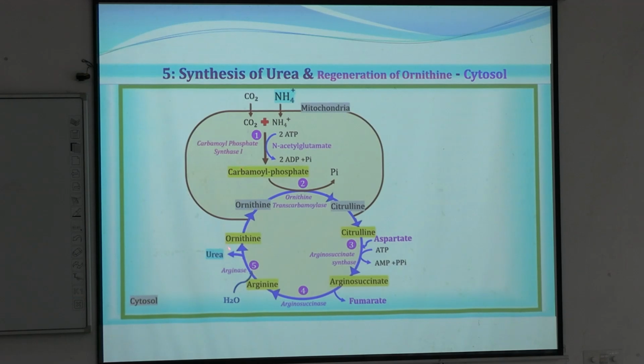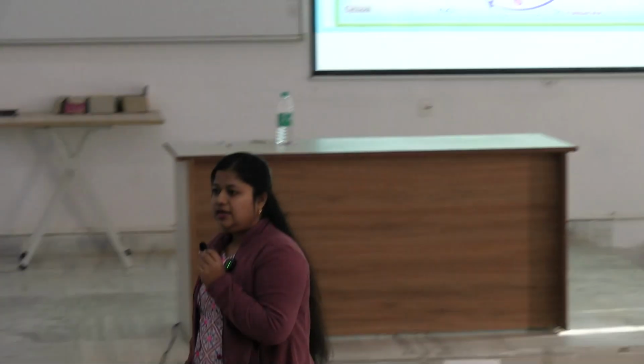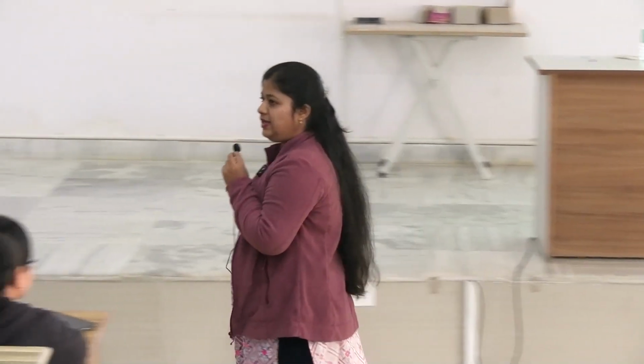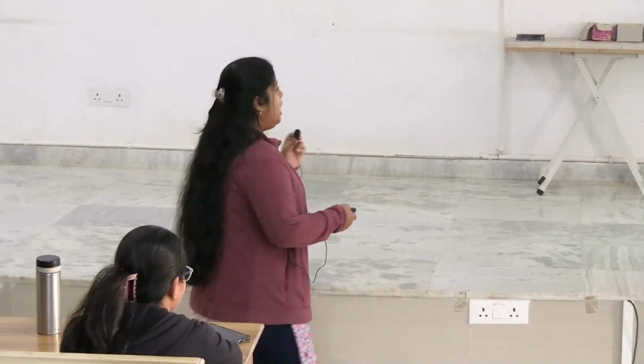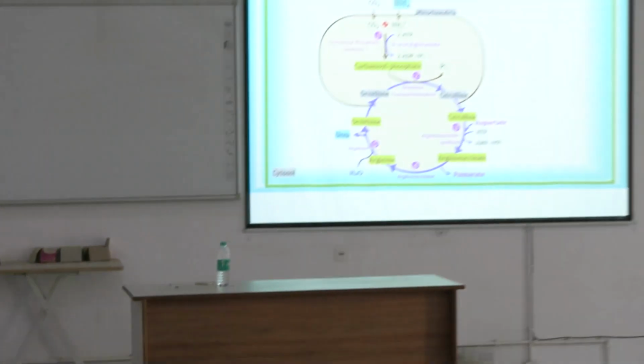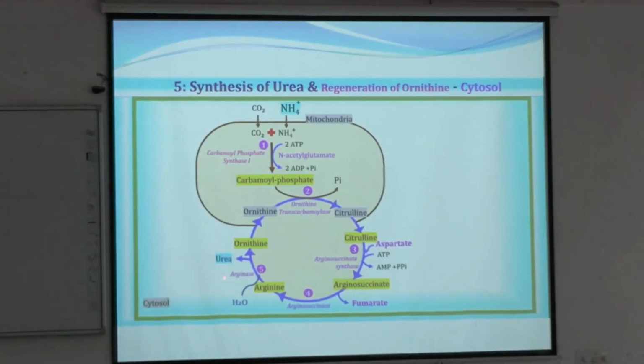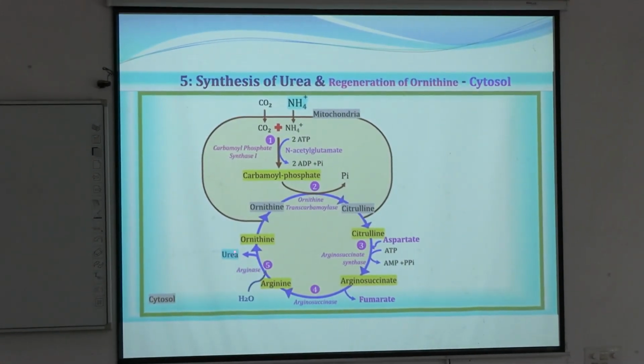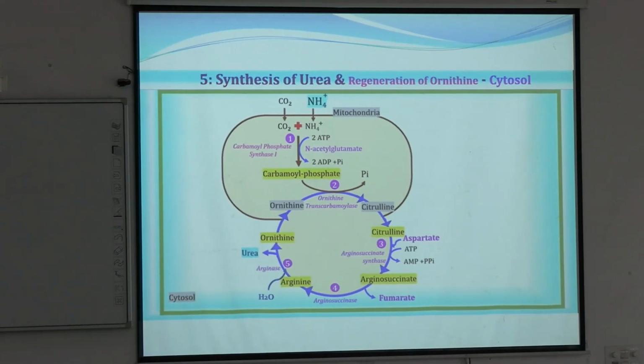So this ornithine is what was in the cytosol, and it will again get incorporated into the urea cycle. Clear so far? So the arginine that was formed will be hydrolyzed by the arginase enzyme to form urea and ornithine.